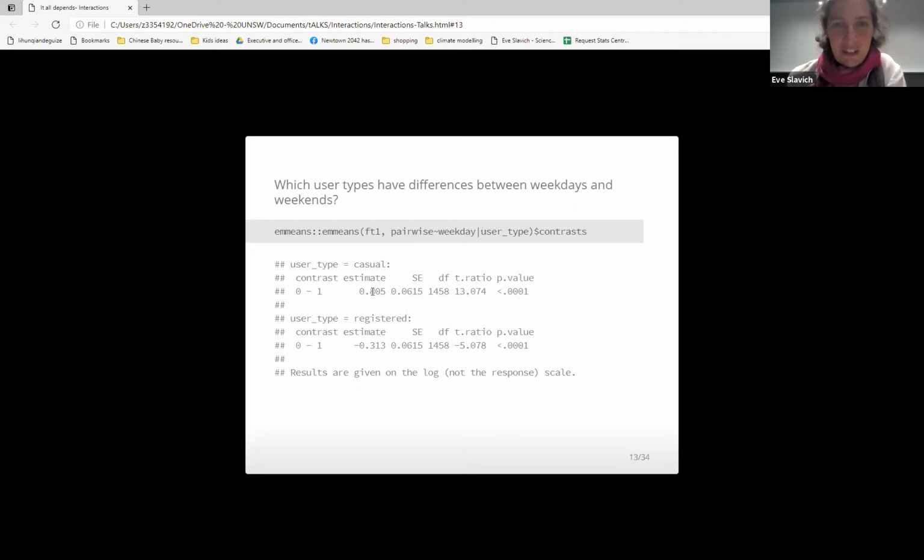And we find that the difference is, this is on the log scale, 0.8. So more on the weekends, and that's significant. And then looking in the registered users, the difference is minus 0.3, and that was also significant.